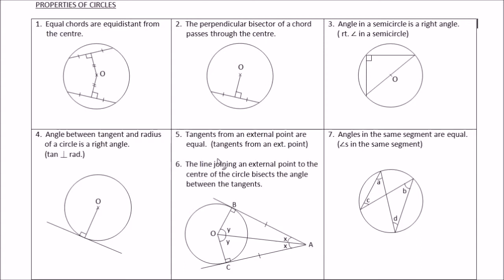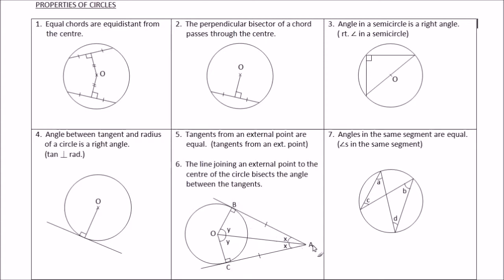The next property, number 6, states that the line joining an external point to the center of the circle bisects the angle between the tangents. This is the angle between the tangents, angle BAC.